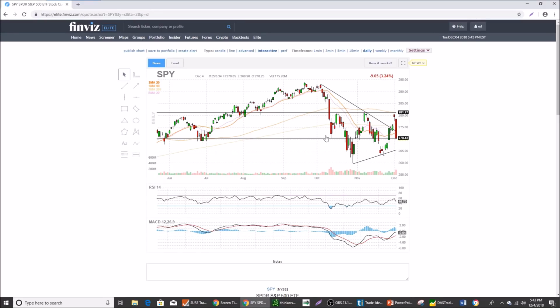We hit it here, we hit it here, and this is where we kind of closed today. So we're still sitting on it. It's still showing some weakness, but we'll see. I don't think this right here has much right now. I don't think this really means much.